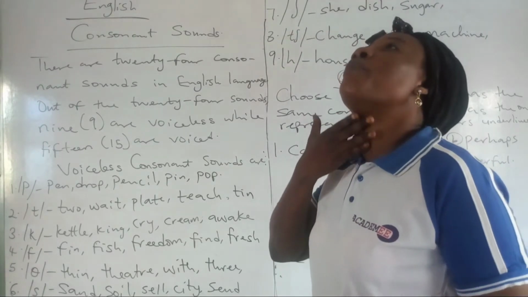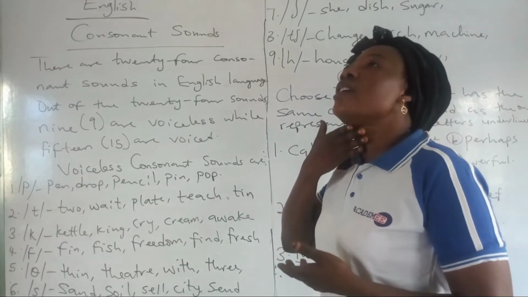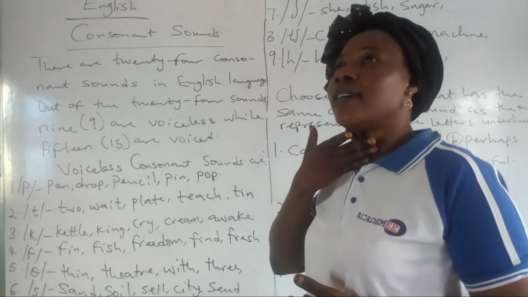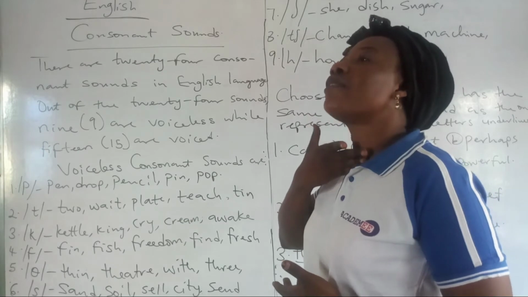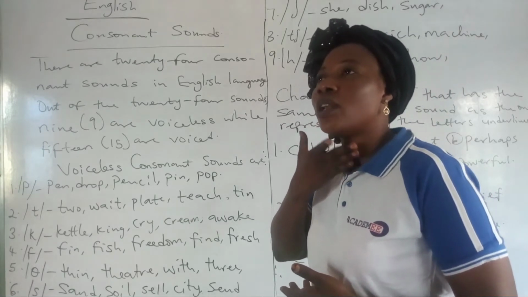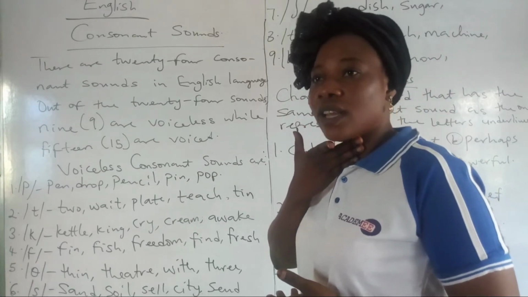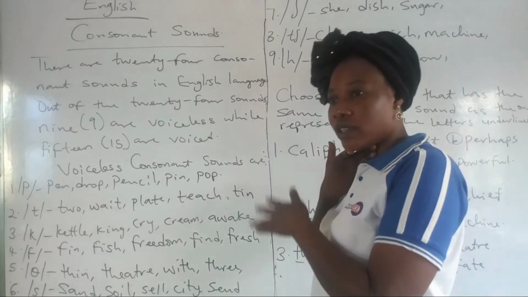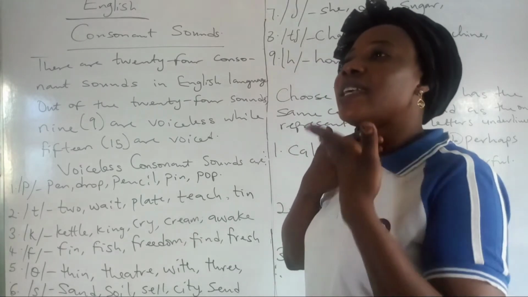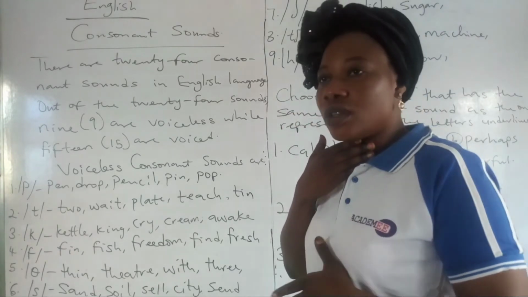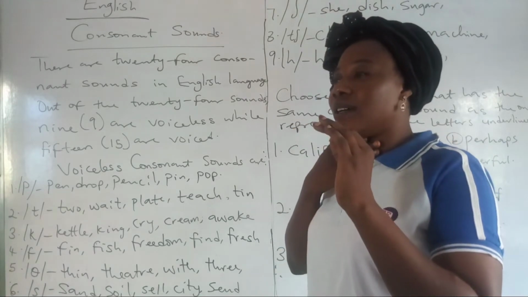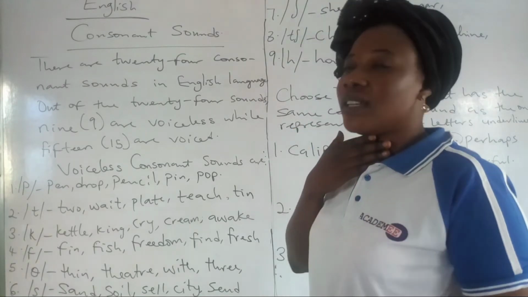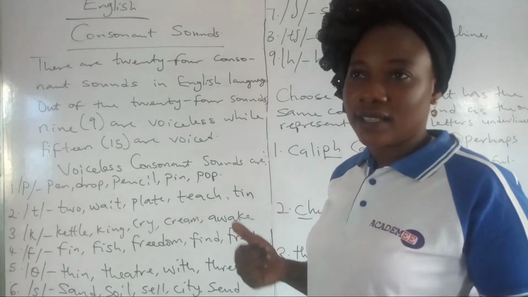That is the position of your throat here. If you pronounce the sound and you observe a vibration in your throat or along your voice box, that means such a sound is voiced. But if there is no form of vibration at all, and you can hardly hear the sound, then it is a voiceless sound.